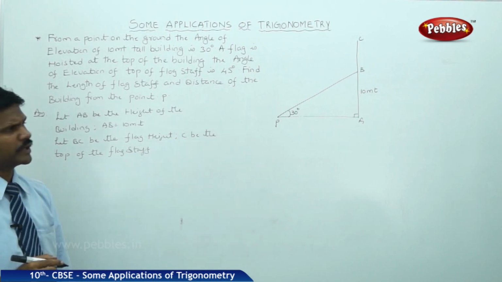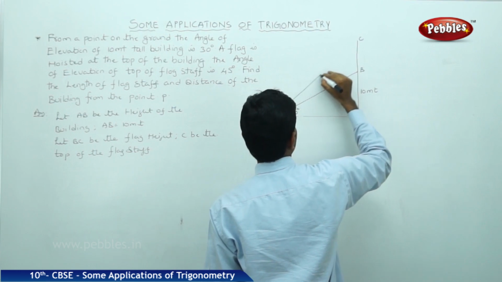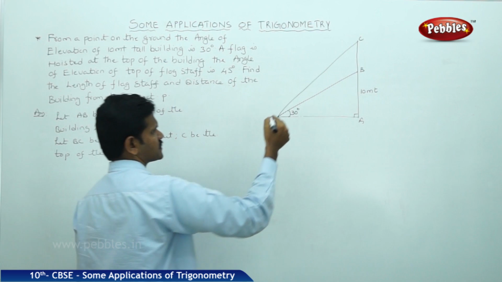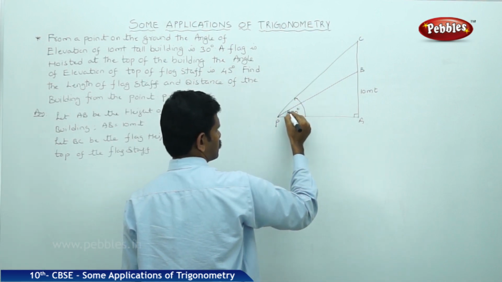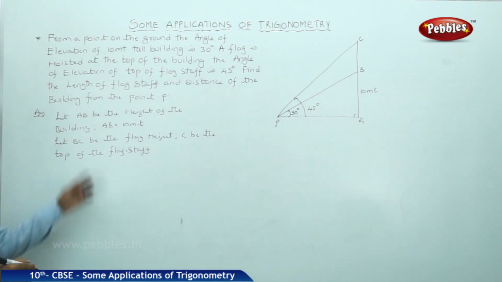Now from the same point, the angle of elevation of the top of the flagstaff is 45 degrees. Now find the length of the flagstaff.